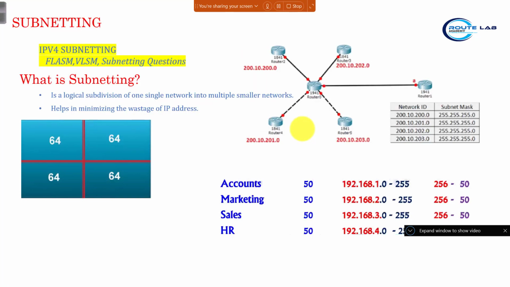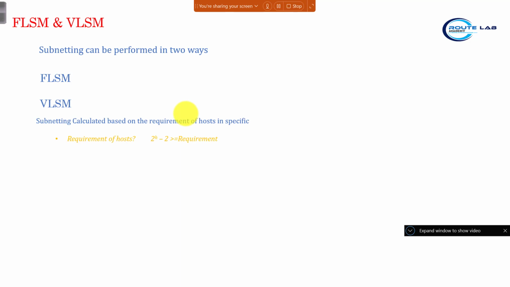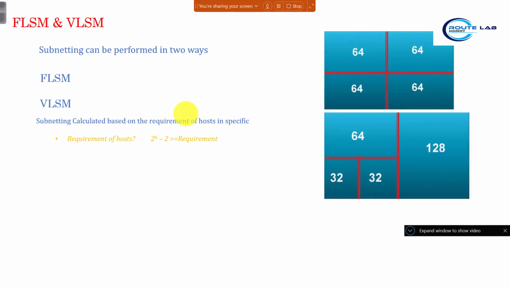You will be seeing the same thing on the slides. We divide one single large network into multiple smaller networks, which helps us in minimizing the wastage of IP addresses that we have. In order to perform this subnetting, we convert the host bits into network bits.